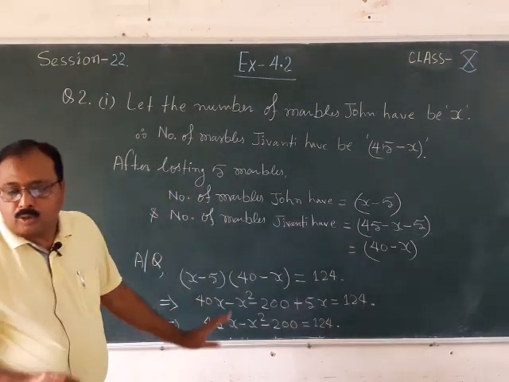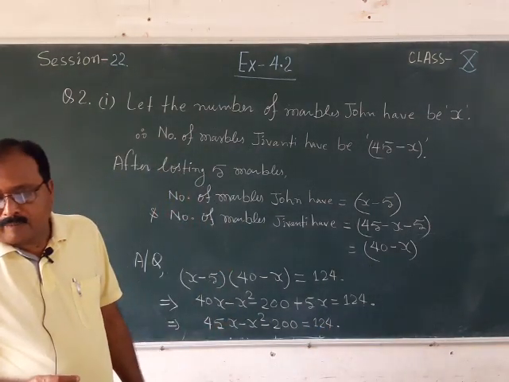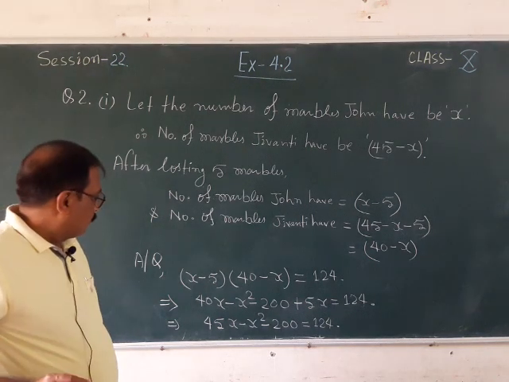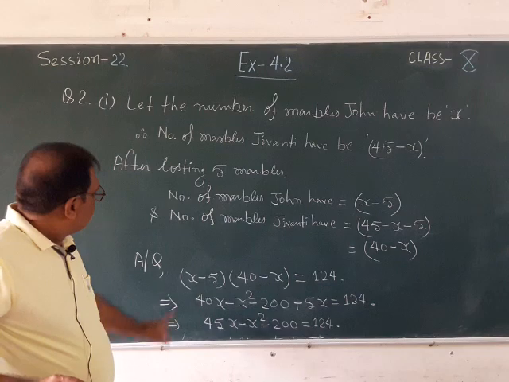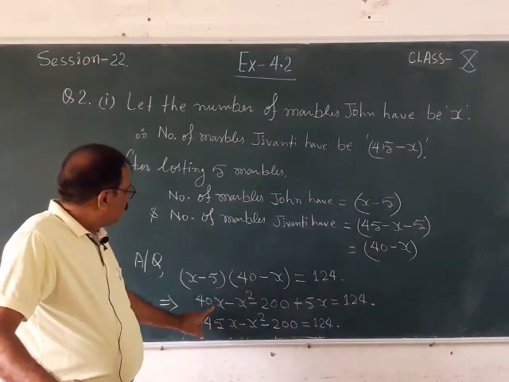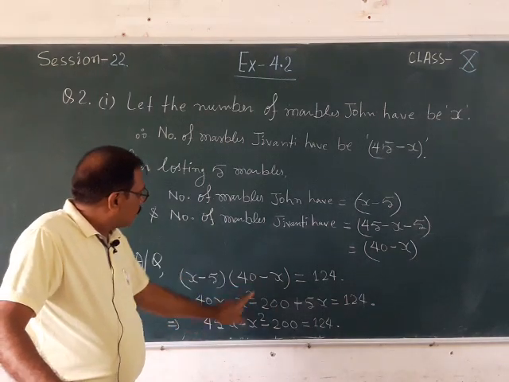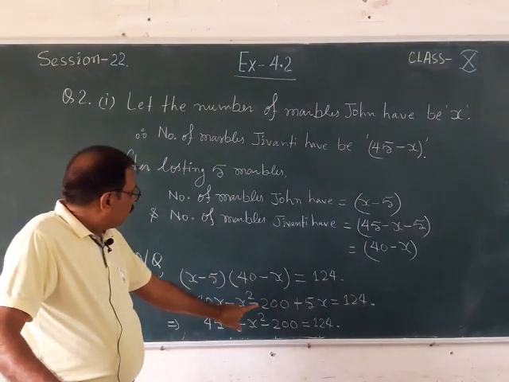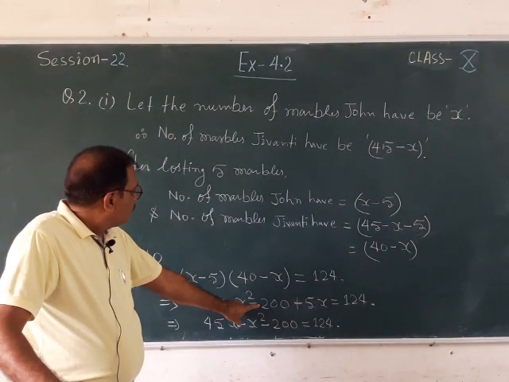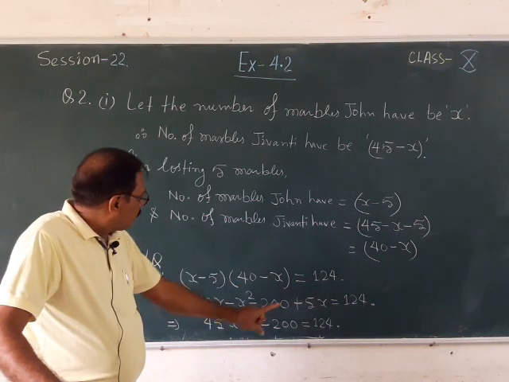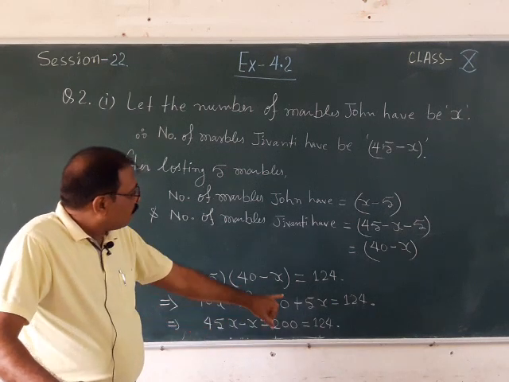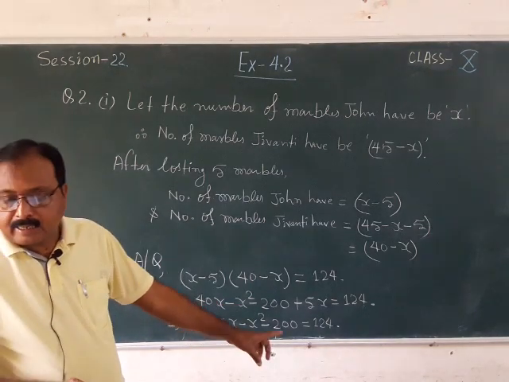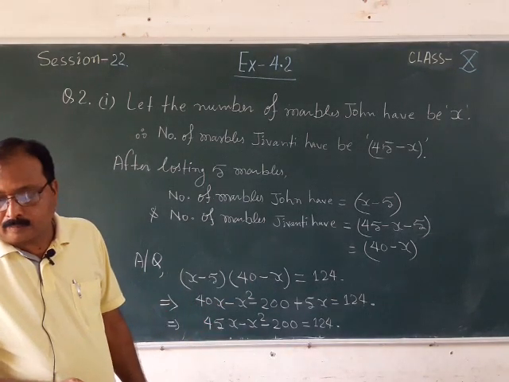So at first you copy till here, then we will work further. x into 40 becomes 40x, x into x becomes x square, minus 5 and minus 40 becomes minus 200, and minus minus plus 5x. 40 plus 5 becomes 45x, minus x square minus 200 is equal to 0.